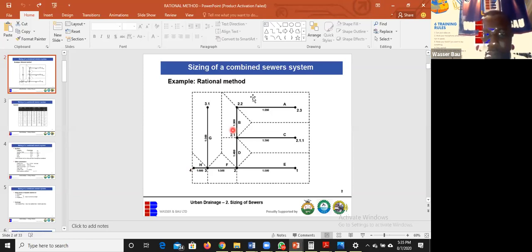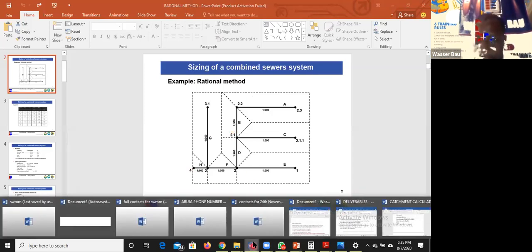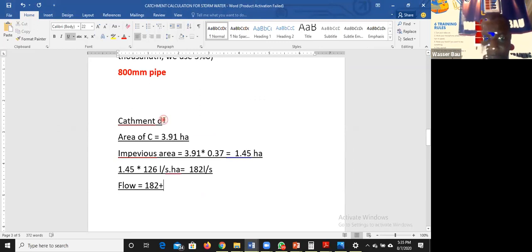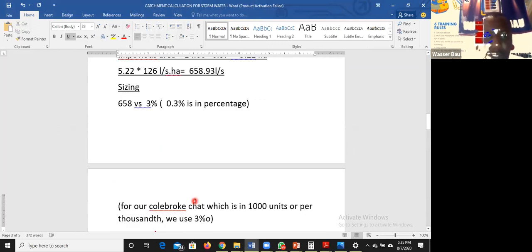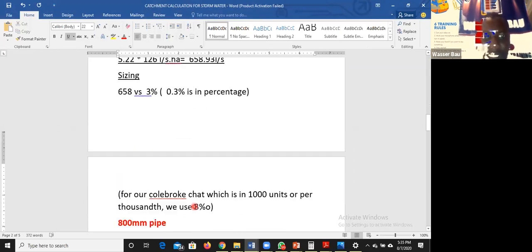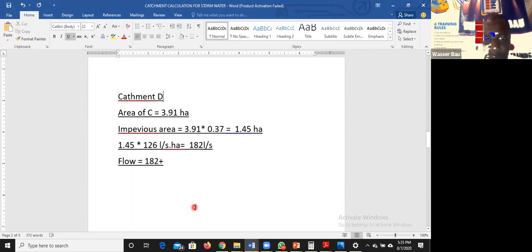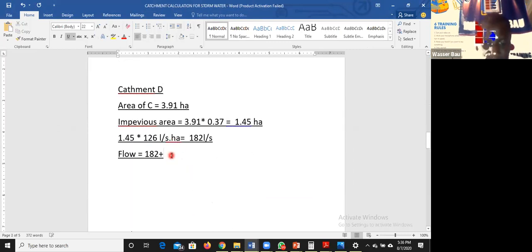So now, what we have here now is that D is actually C plus B. So when we come here, we've gotten our D. So D is 182, and our C is 658. Are you with me? 658.